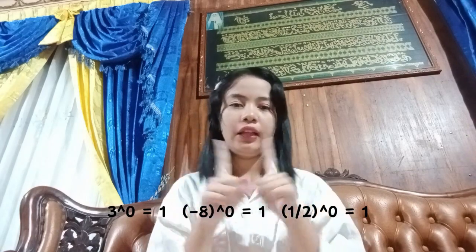So what we have is a to the index 0 equals 1. This means that any number raised to the index 0 is 1. And 0 to the index 0 cannot be evaluated. Any number apart from 0 when raised to the index 0 is equal to 1.